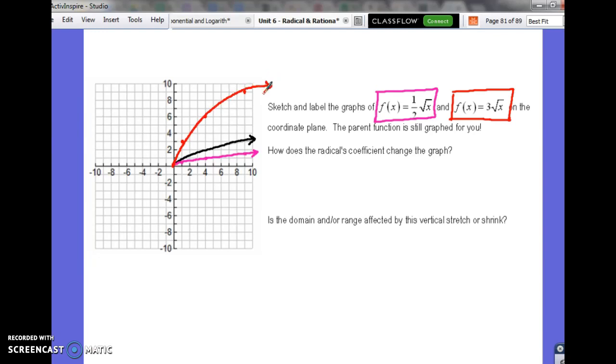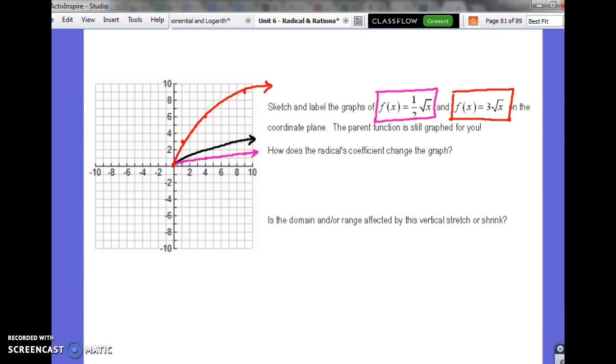Again, still with the curve. The pink one doesn't look so much like a curve, but they are still curved. But all three of those graphs start at 0. They go to the right forever, and they're all three increasing forever, although the red graph is increasing much more quickly than either the original parent function or that pink function.